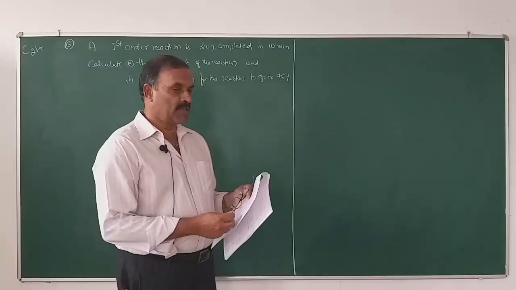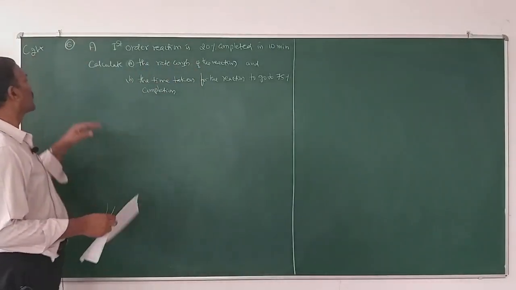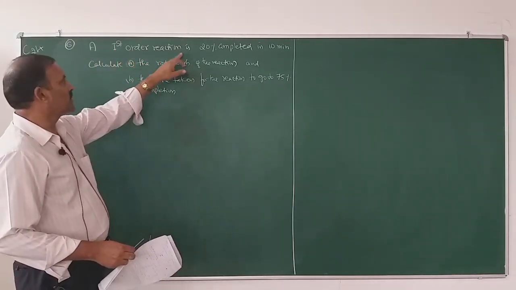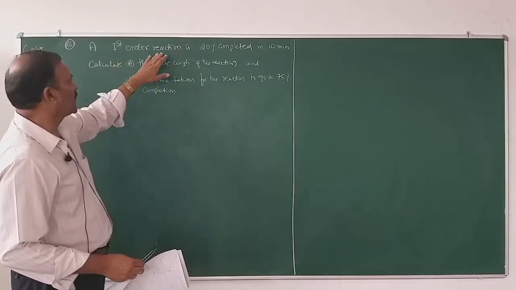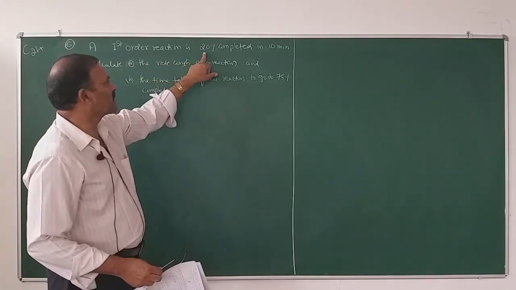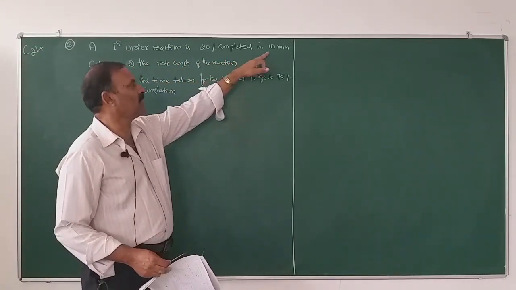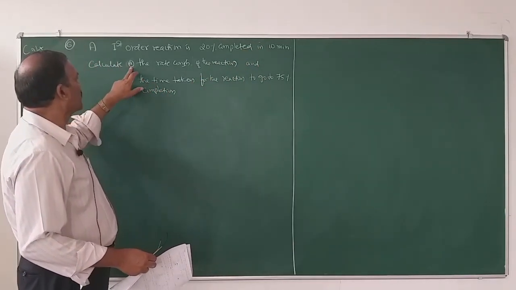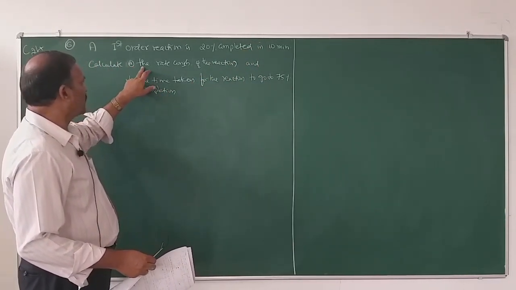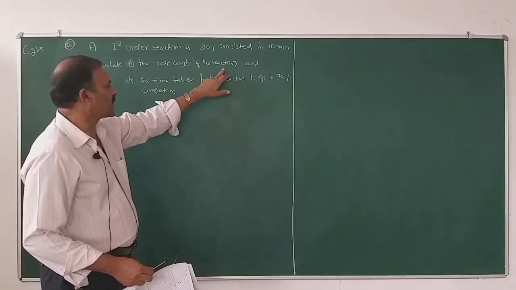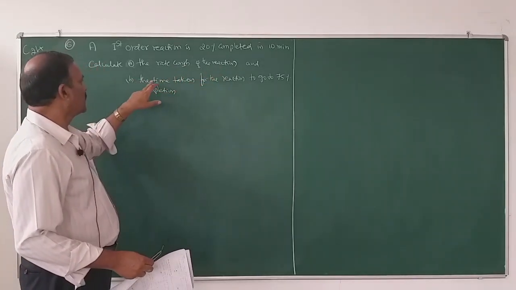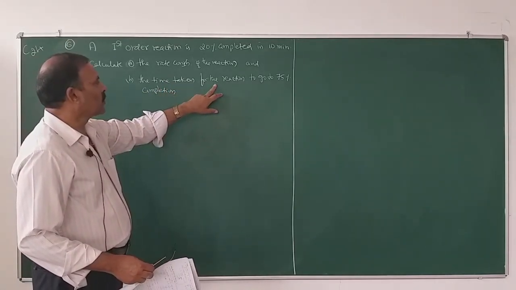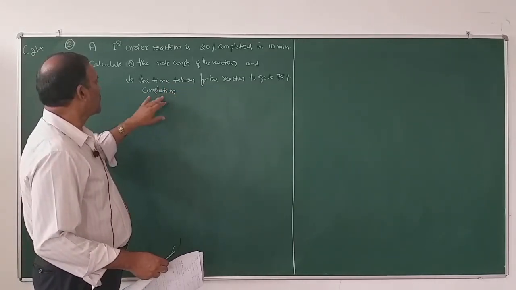Here is another problem, problem number 6. A first order reaction is 20% completed in 10 minutes. Calculate A, the rate constant of the reaction, and B, the time taken for the reaction to go to 75% completion.